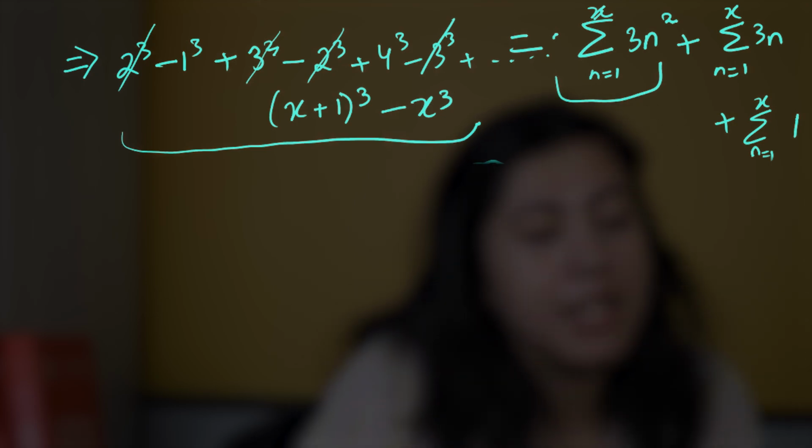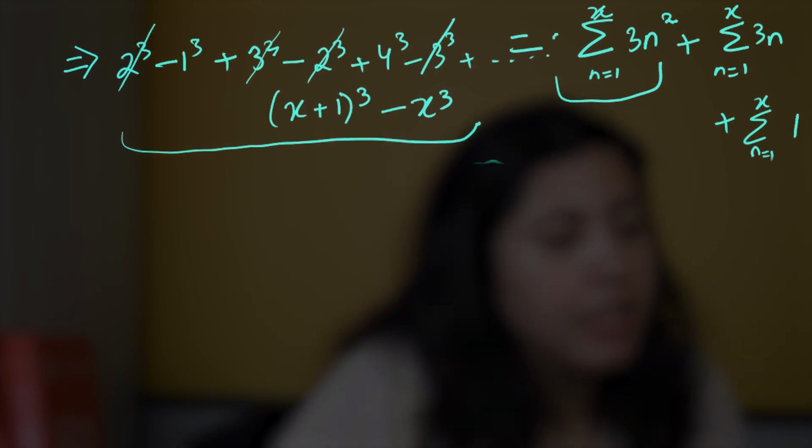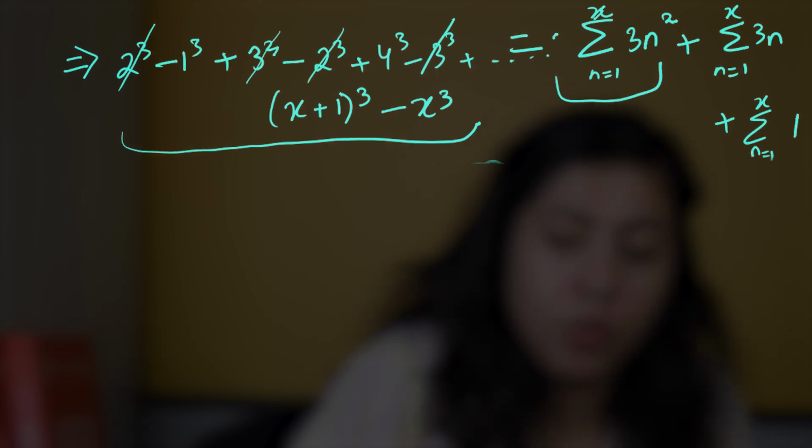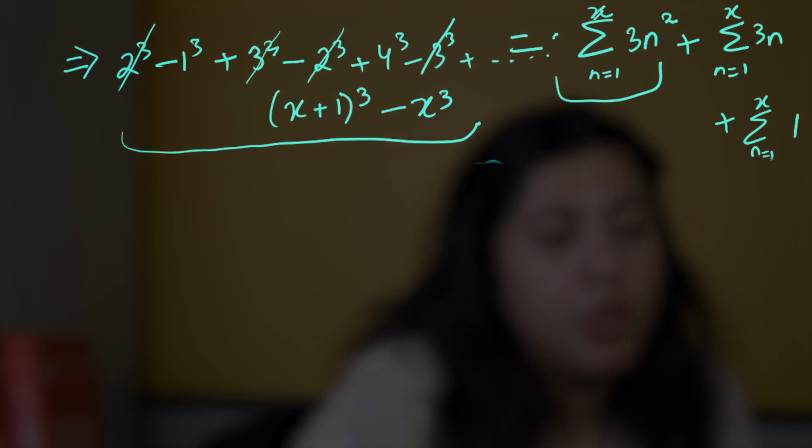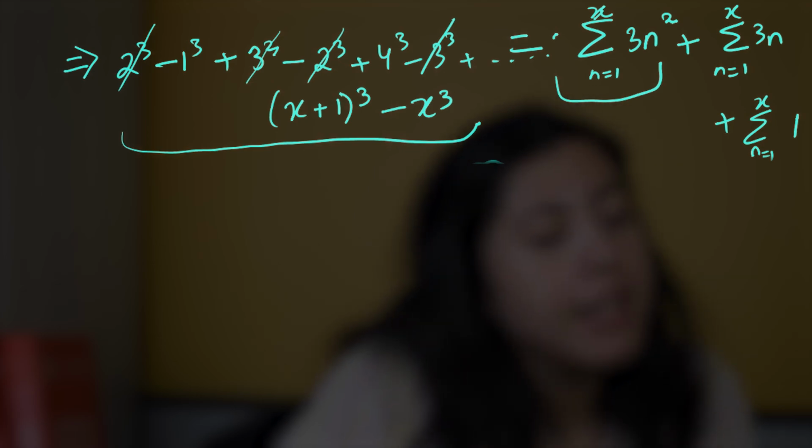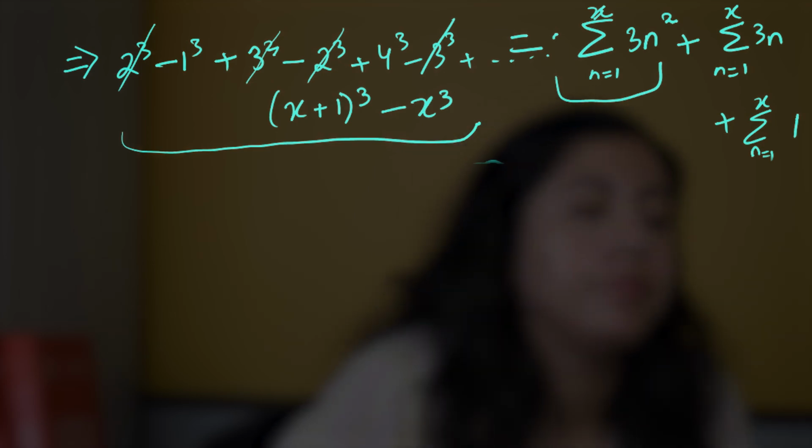This is the left hand side. We see these are the terms that will get cancelled out. And this is known as the telescoping series. Most of the terms are getting cancelled out. We will be left with just 2 terms, that are x plus 1 whole cube and minus 1 cube.